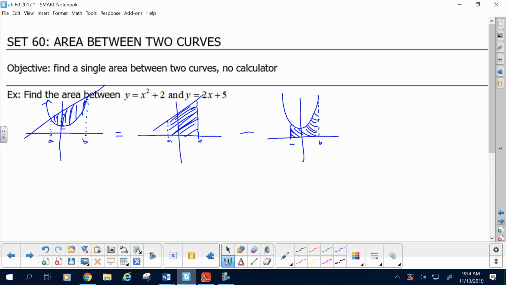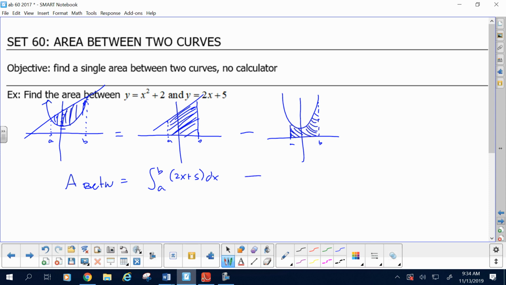Okay, so now the calculus will look something like this. The area of the shaded region, the area between, will be the area under the line. How do I find area under the line? Integral of 2x plus 5 from a to b, which again we'll have to find.